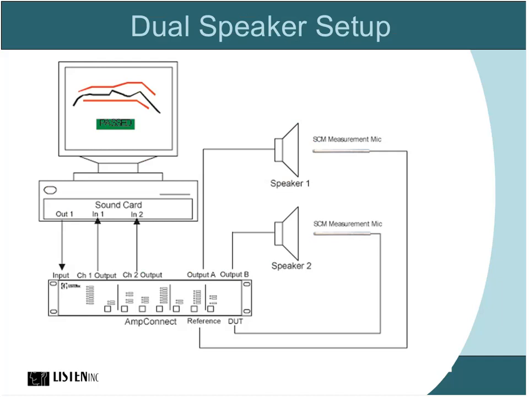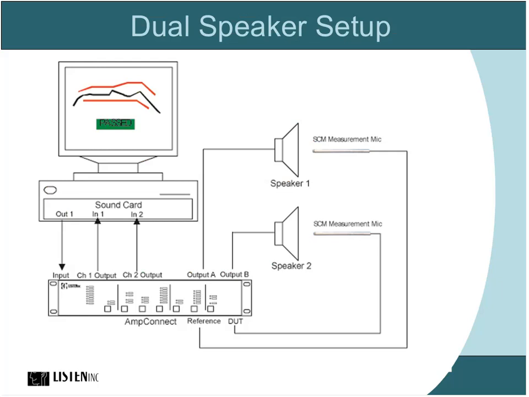Now here's an example of the dual speaker setup I was talking about. This shows it with the original AmpConnect, but it would pretty much be the same thing with the ISC version, just without the cables going back to the sound card. You can see output A and output B of the amplifier are going to 2 different speakers, and we have 2 measurement microphones connected back to the reference and DUT microphone inputs.